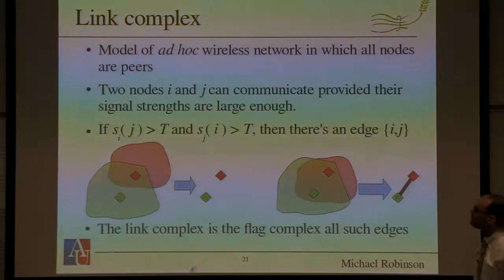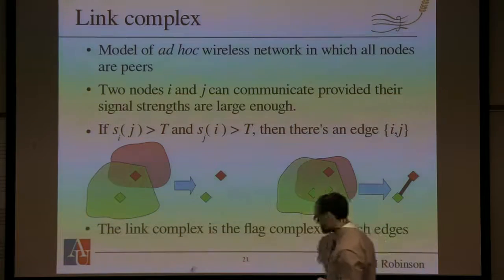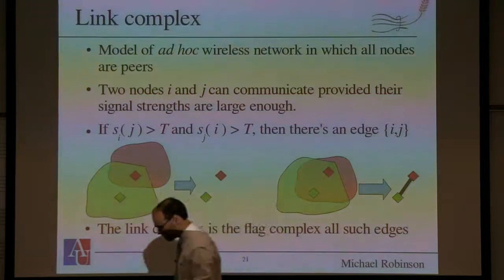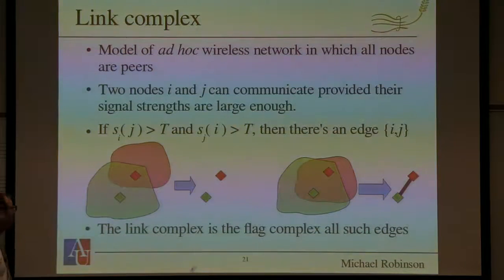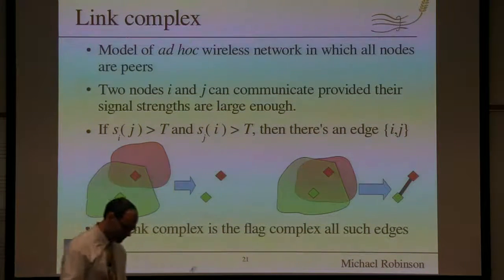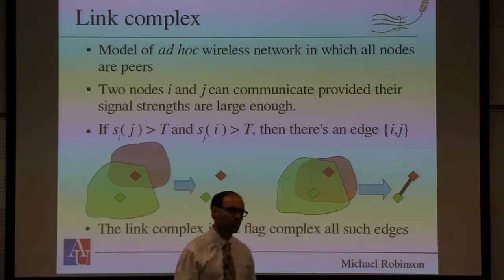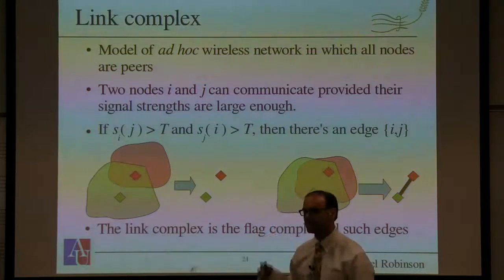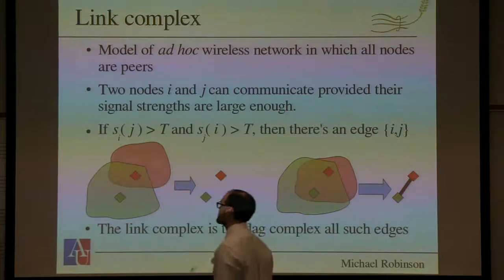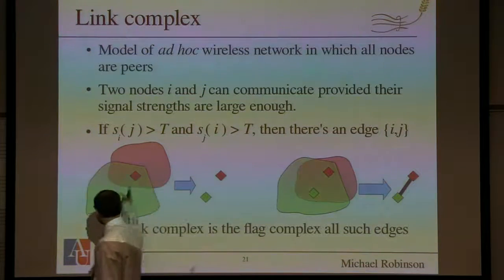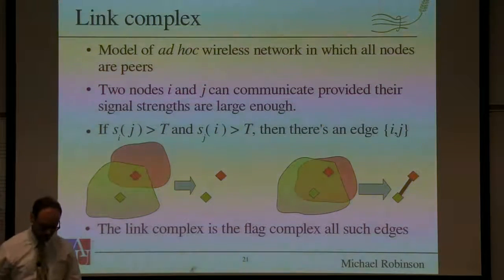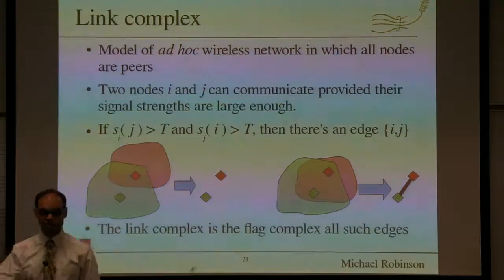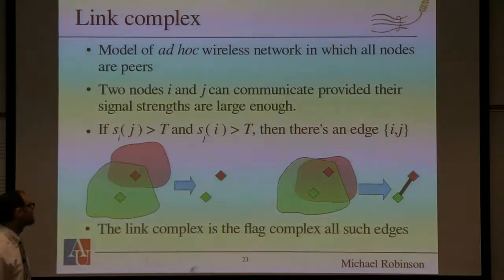So here's a particular kind of topological space, a particular kind of abstract simplicial complex, that's associated with wireless networks. If I have an ad hoc wireless network with multiple nodes that can communicate with one another, they have radios and transmit signals. If 2 nodes each lie within the region that's lit up by the other, then they can communicate.